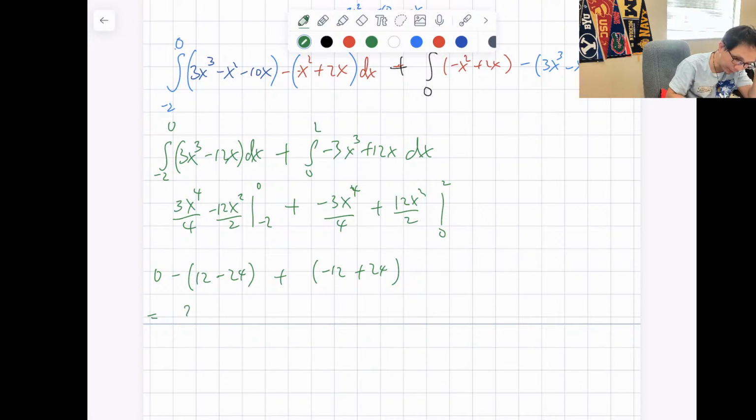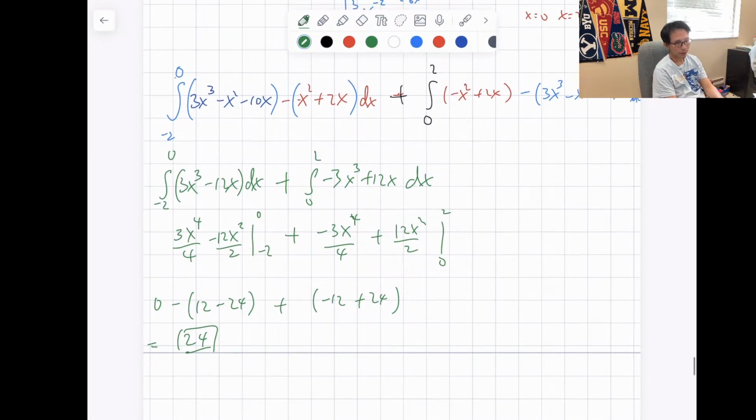So that's equal to 24. So the answer is 24. So there are two regions.